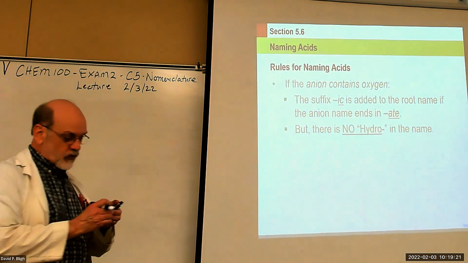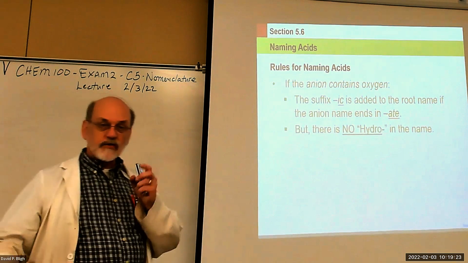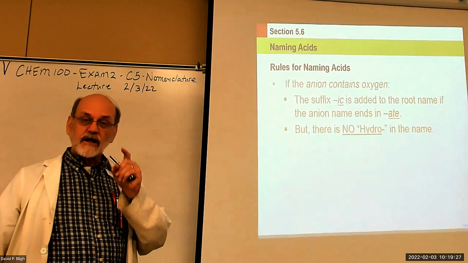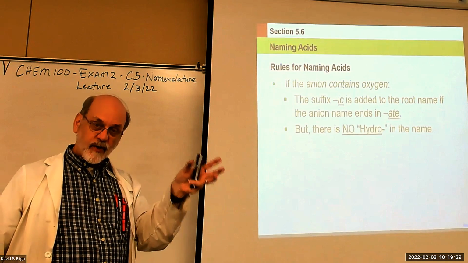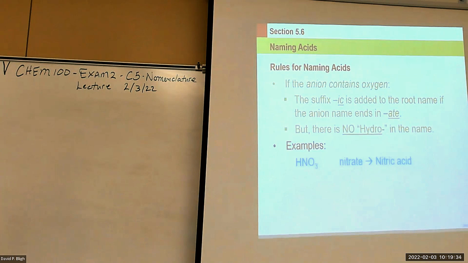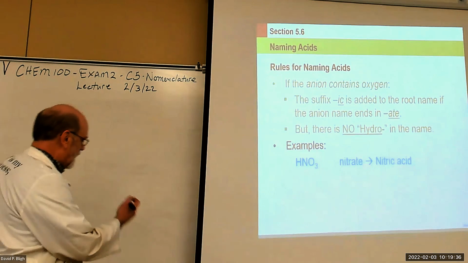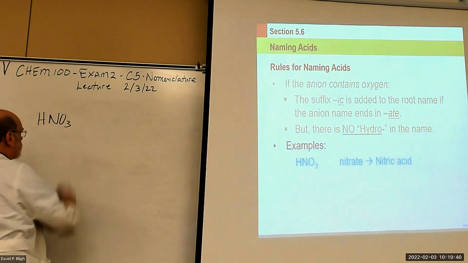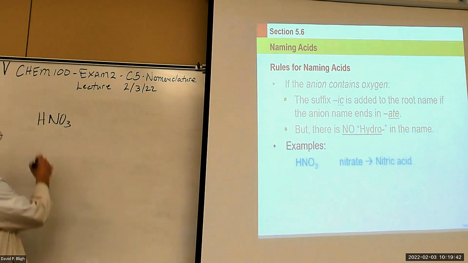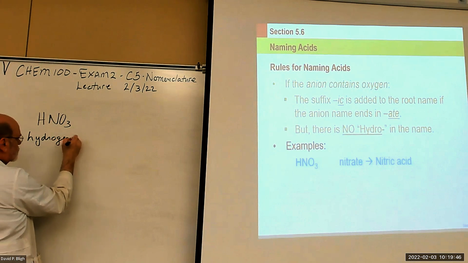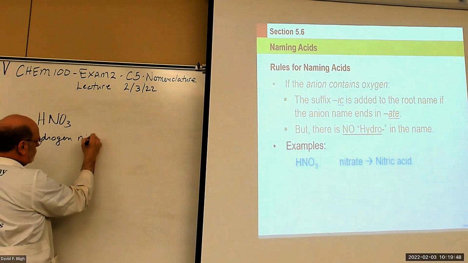Okay, so if you do have an oxygen in the molecule, you do not start with hydro. Instead, you start with the anion part of the molecule. Example. So HNO3, we would normally say hydrogen nitrate.